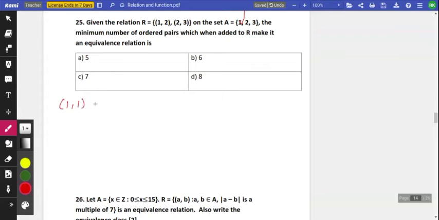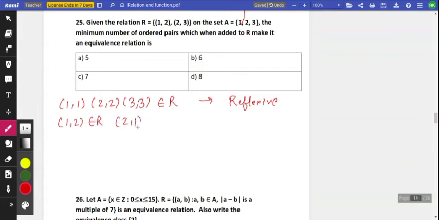To make the given relation reflexive, 1 comma 1, 2 comma 2 and 3 comma 3 should belong to relation R. To make the relation symmetric, if 1 comma 2 belongs to relation R, then 2 comma 1 also belongs to R. If 2 comma 3 belongs to relation R, then 3 comma 2 also belongs to relation R. Then the relation will become symmetric.